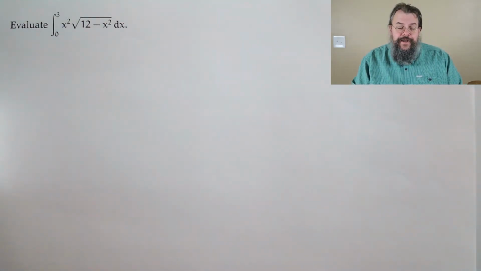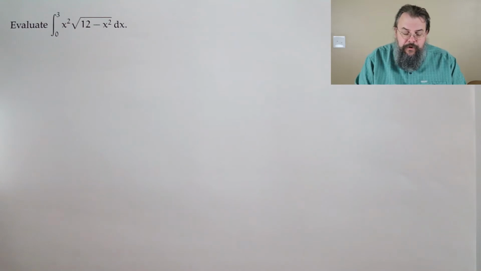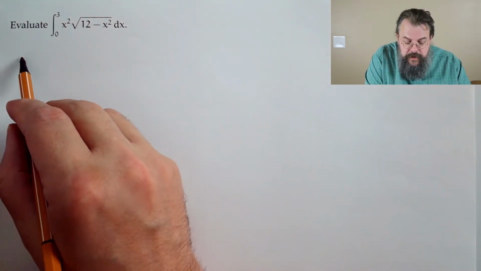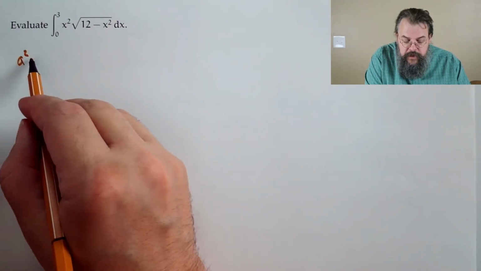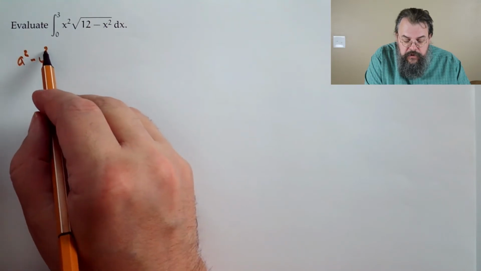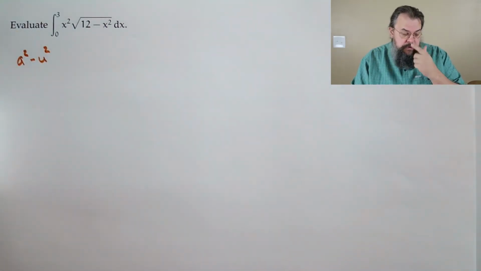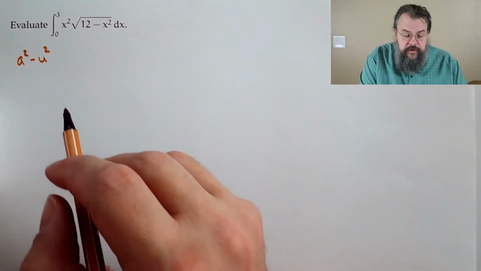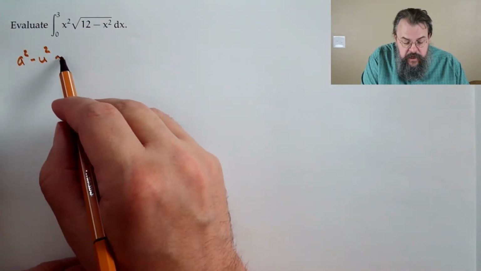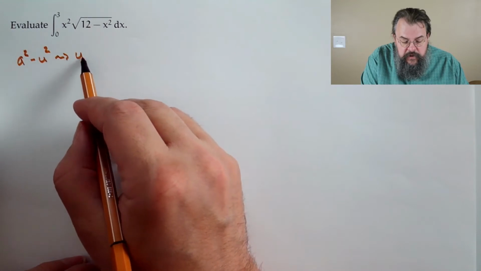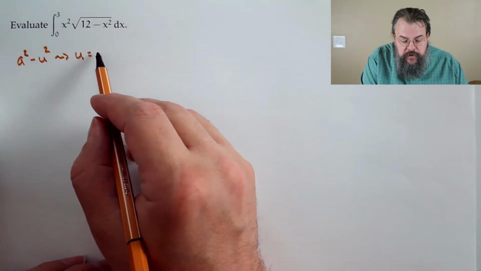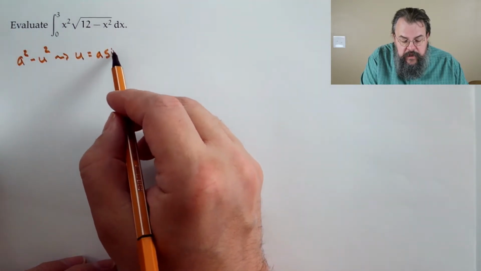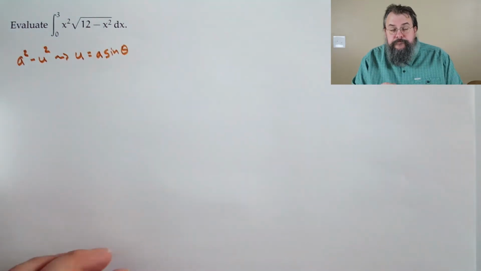So when we see something of the form a squared minus u squared, which is what we see here, that tells us that's a substitution of the form u equals a sine theta.